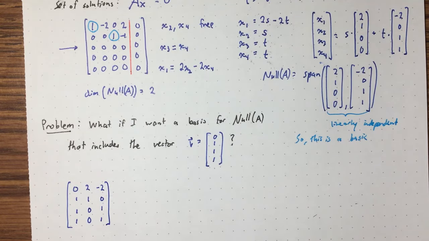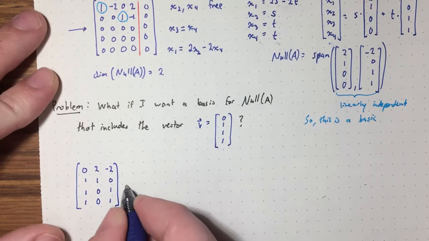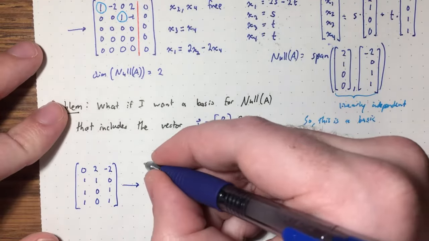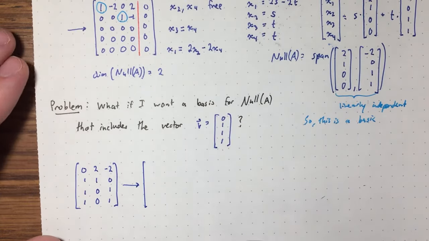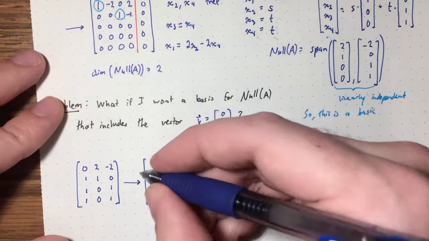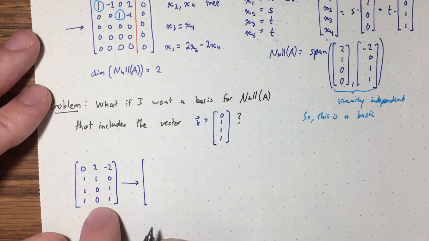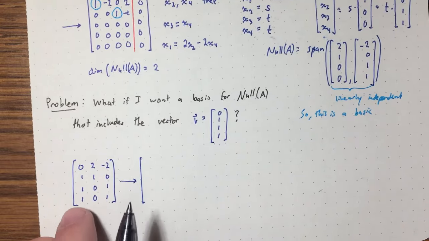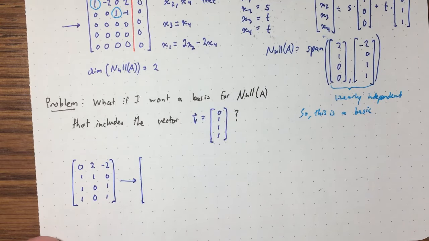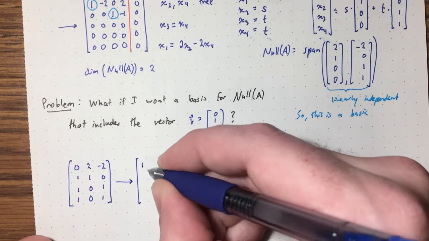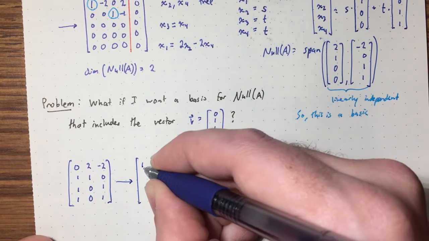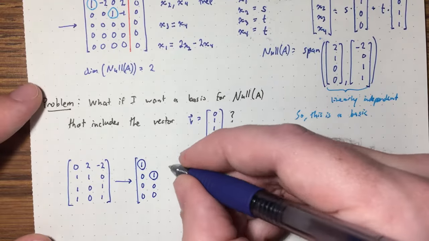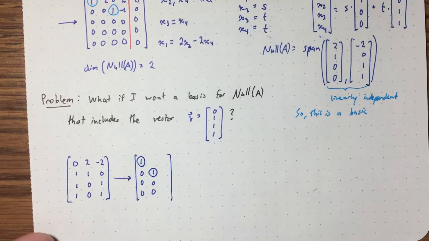Okay, then what do I do? I row reduce the matrix, Gaussian elimination. Well, actually, what am I going to get? You can almost see what we're going to get because these first two columns are linearly independent, right? One is not a scalar multiple of the other. So I should get pivots in both of these columns. So I should have a 1 there, and I should have a bunch of zeros here. Now I don't really care what I get in the third column.